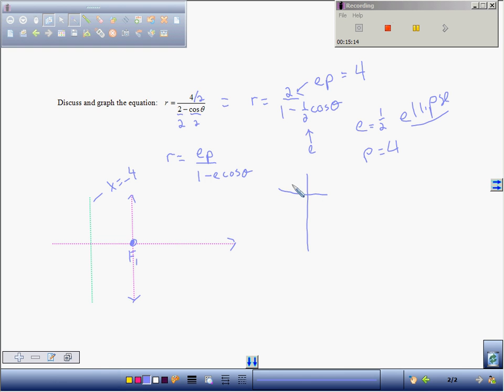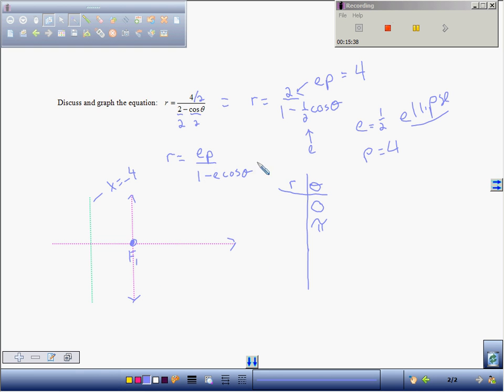So what you want to do is plot some points. You're going to have an r and a theta, and the first one that you want to plug in for theta is 0, and probably the second one is pi. And then we'll talk about pi over 2 and 3 pi over 2.